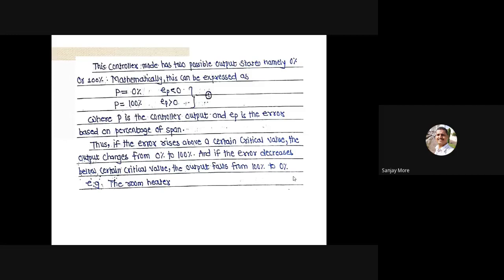Okay. The next, this on-off controller mode has two possible output states. First one is 0% and second one is 100%, means whether it is on or off. Only two possibilities are there in the on off controller.